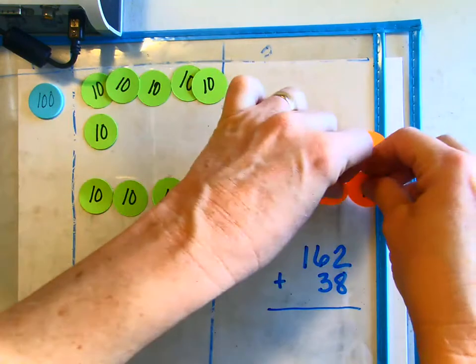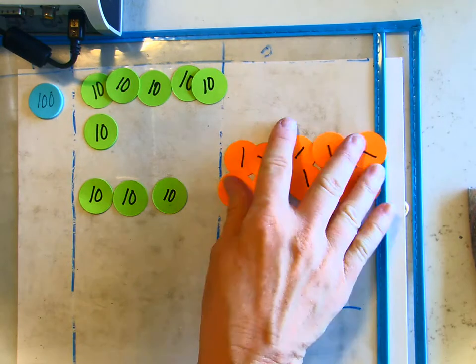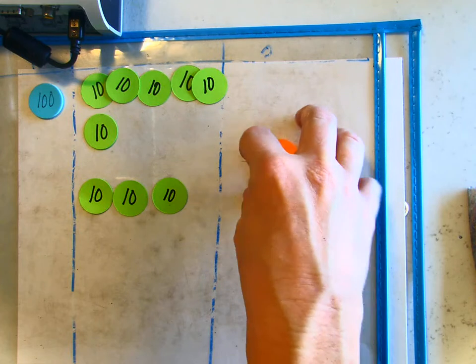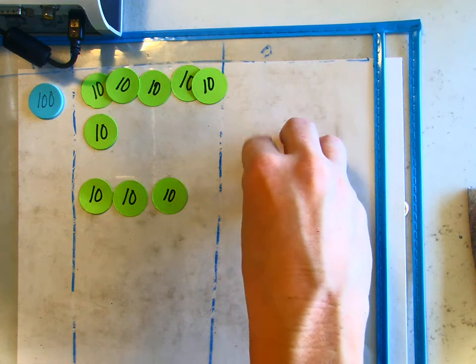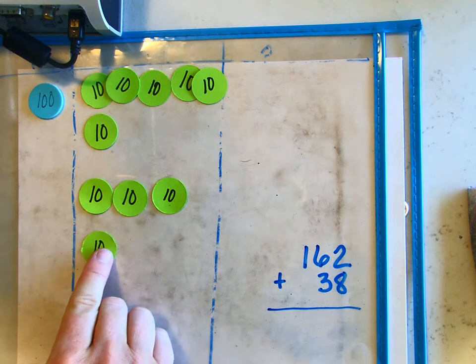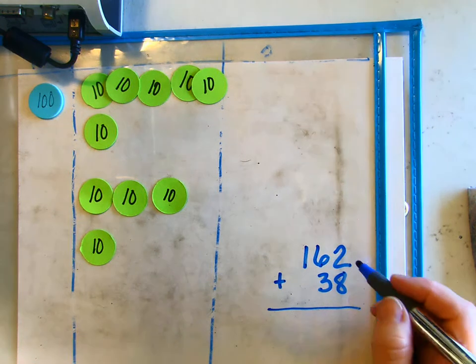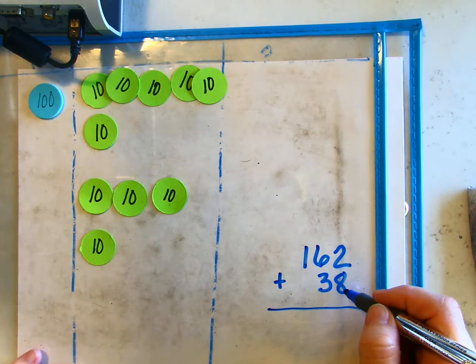That's one of our friends of 10. We can add those 2 there, and we have a group. We get a group of 10, we compose it or bundle it up, and we're going to switch it out and add a group of 10. I'm going to record that in my vertical form. 2 plus 8 is 10.